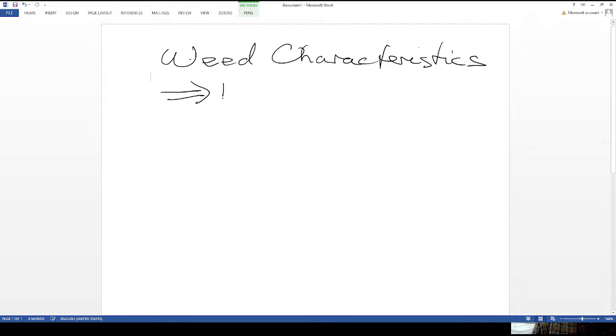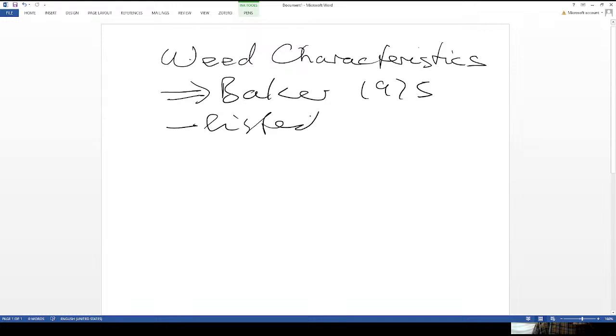And we referred to Becker, I think in 1975, who listed about 12 probably traits which describe weeds.